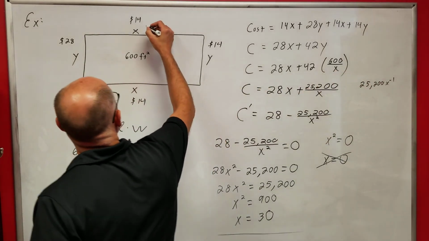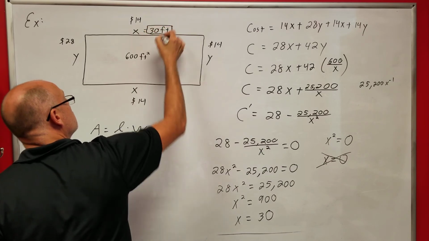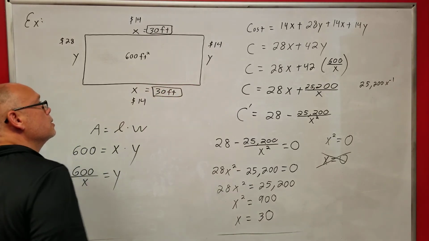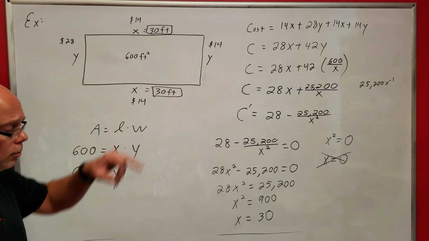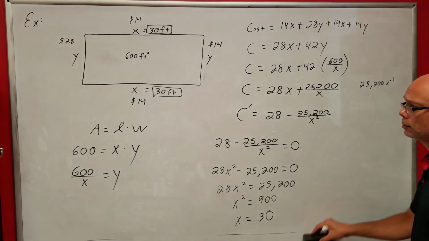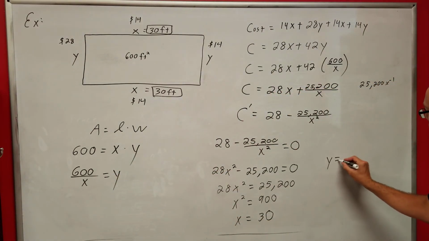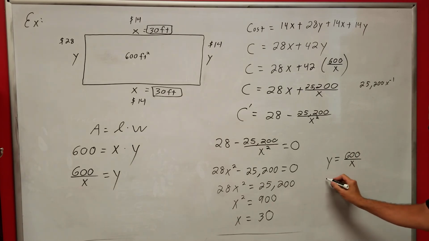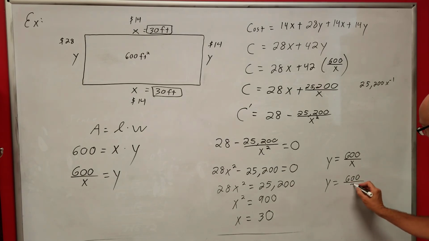So right here, each of these x's is 30 feet. This x is 30 feet. Now I need to find my y's, right? To find my y, how do I do so? I use this fact: y is 600 over x. So y will equal 600 over, what does x need to be? 30.